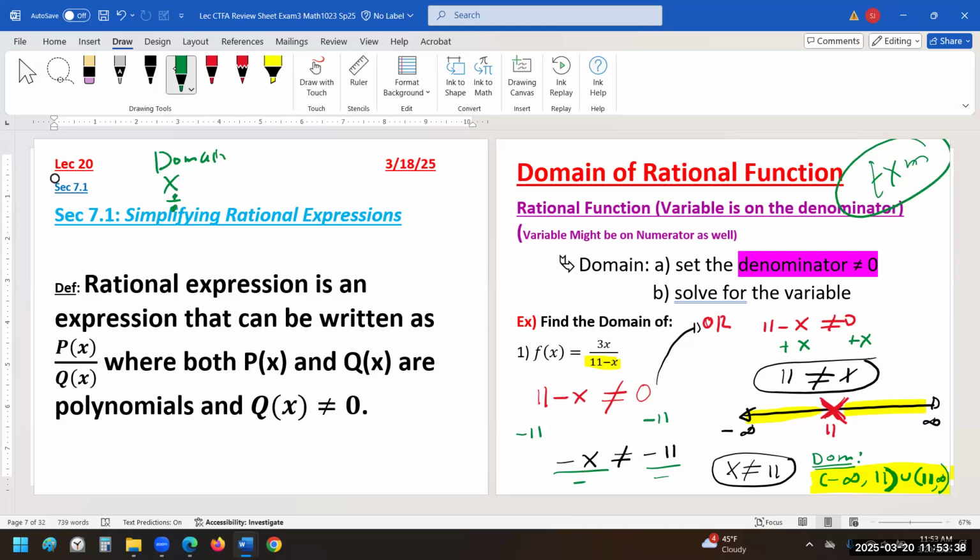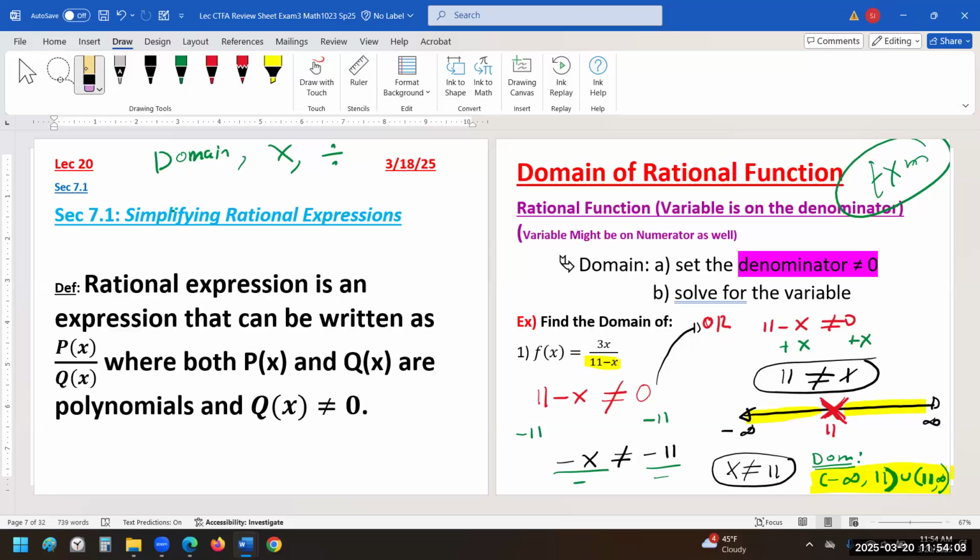Now for domain, only domain. Domain, multiplication, and division. Only 3. For domain, all you have to do is take the denominator and set it not equal 0, because we know our denominator cannot be 0.